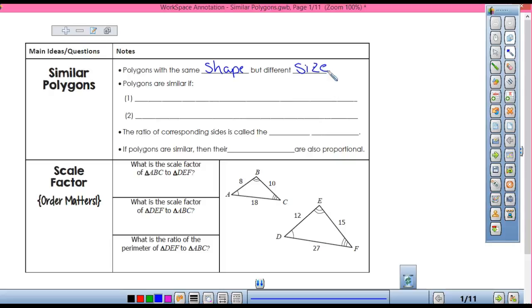When we did dilations, if you notice when we were graphing all of our dilations, everything stayed the same shape, right? It just got bigger or smaller. And that's what we're talking about when we're talking about similar figures. So what did we call that thing that told you what to multiply by?